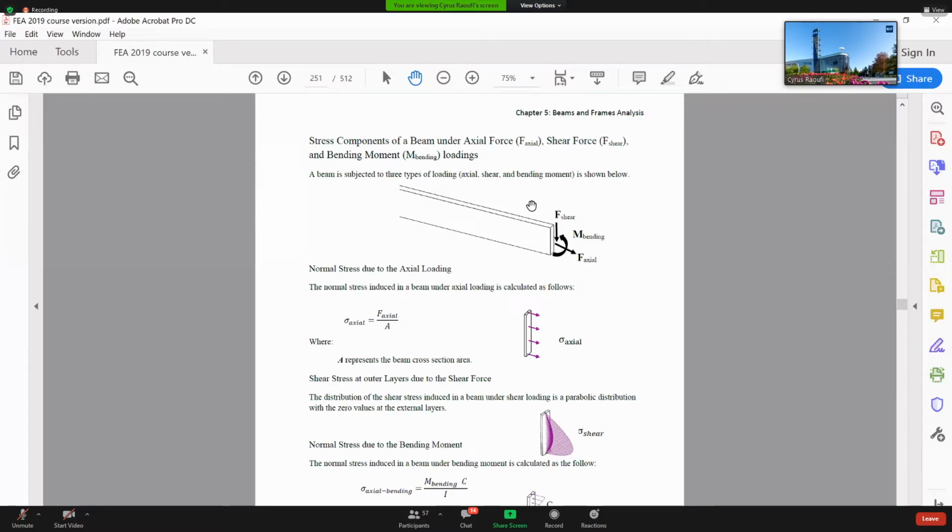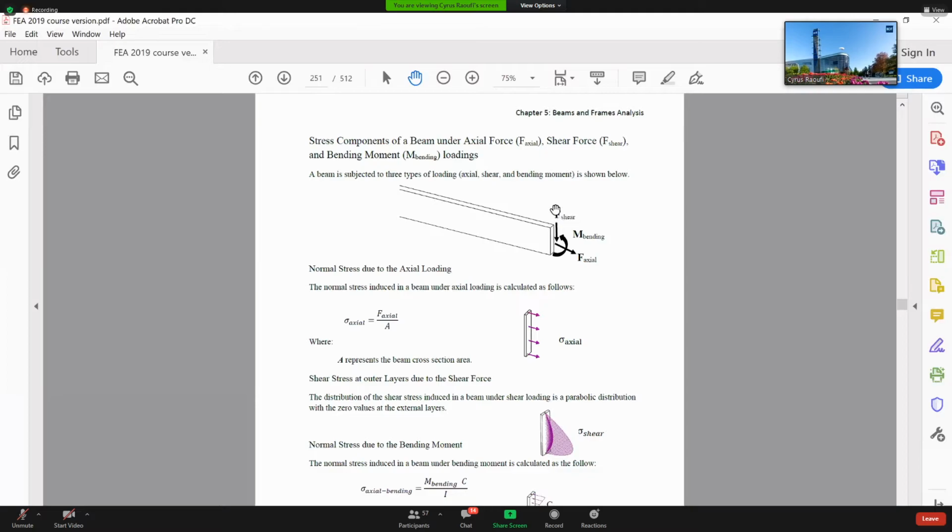Then if you have three components at each cross section, then F axial, which is the normal force, is going to create a sigma, which is by nature normal stress, and the magnitude is constant, F divided by A. If F is constant and A is constant, F divided by A is constant. Then as you see here, that component of the stress coming from normal force is a constant, and that's the way you can calculate the axial.